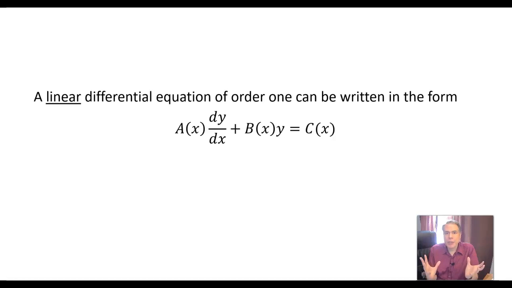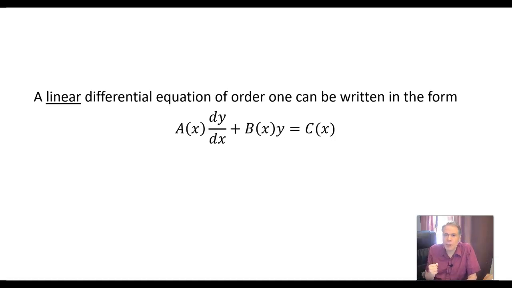In particular, if we're talking about an order 1 differential equation, if it's linear, that means it can be put into the form something times dy dx plus something times y equals something, where each of the somethings is an expression involving x. It can be as simple or as complicated as you want, but it can only involve the independent variable x, not the dependent variable y or its derivative.